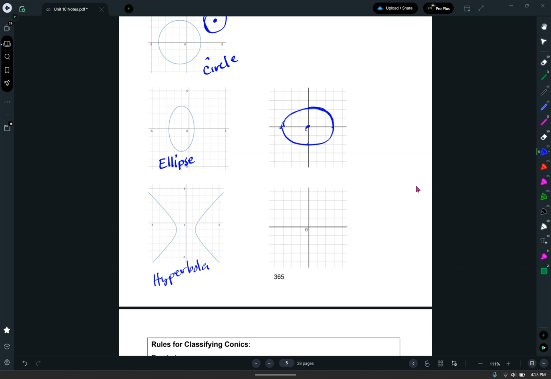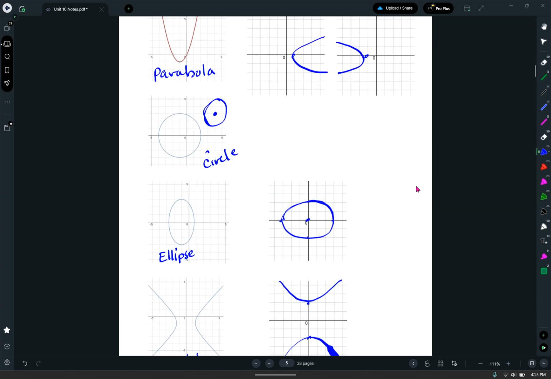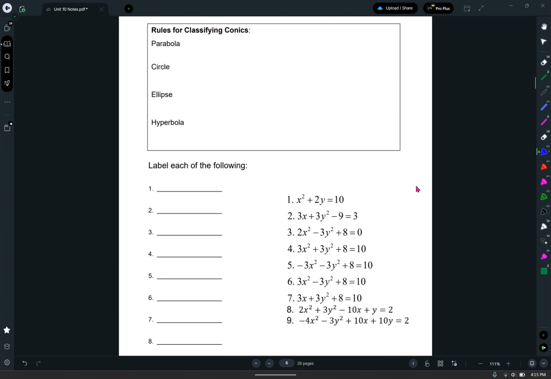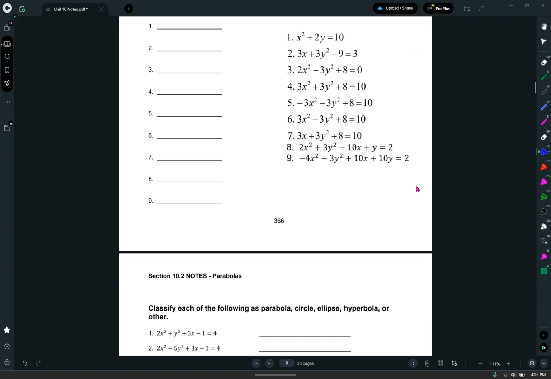It's kind of like these two pieces that reflect each other. But how else might you see a hyperbola? Well, notice these kind of open left and right. Well, maybe you have a hyperbola that opens up and down, something like this. So even though it's a similar shape, it's opening a different direction. So that's where we're going in this next part of Unit 10.